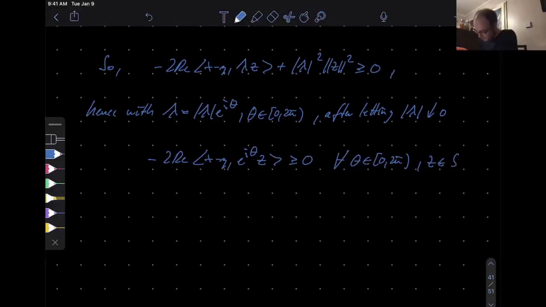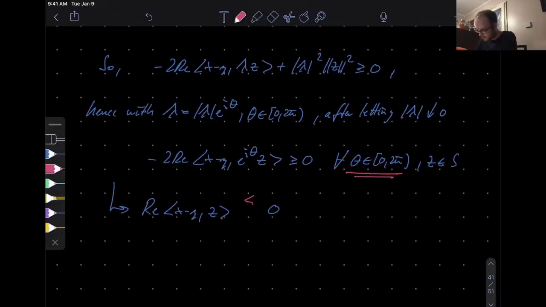Okay, now almost done. Now I claim this allows you to conclude that the real part of the inner product of X minus Y and Z has to be equal to 0. And why is this? Well, look, you can now freely choose your angle here. So if you choose the angle theta equal to 0, then you would have minus 2 times that real part is non-negative.